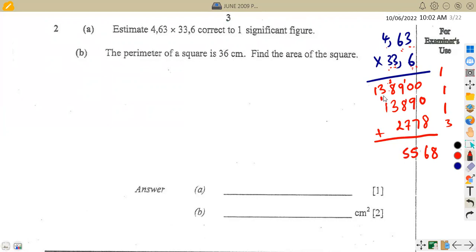Give it 1 here. That's 5 and 1. Okay. So how many commas are we going to have? Remember, you're supposed to have decimal places 1, 2, 3. So it's going to be 1, 2, 3 here, this comma. So it's 155,568. But take note, we are given to one significant figure. So you have to cross-check our answer now. It's 2, it's 1 here.